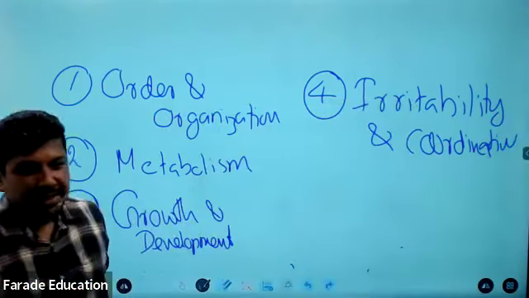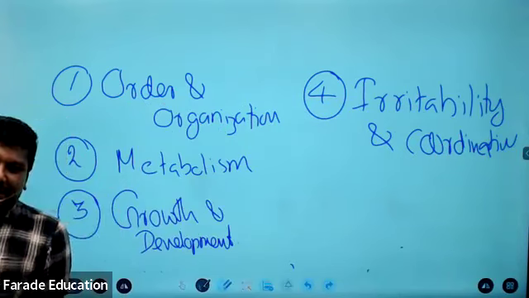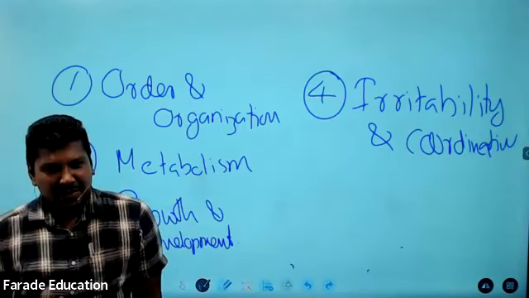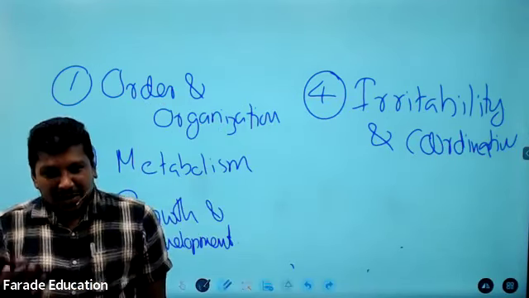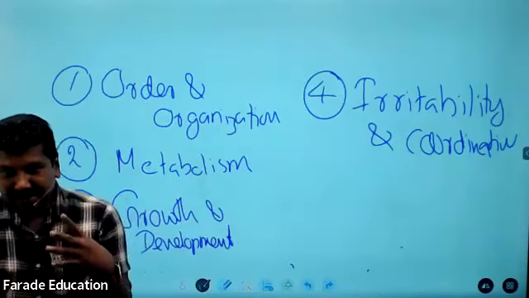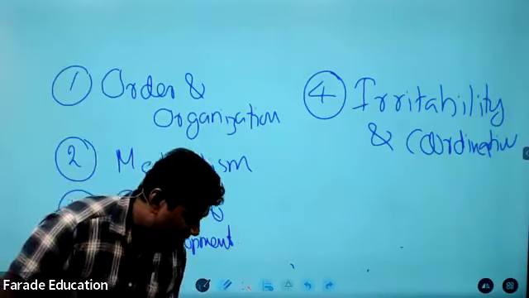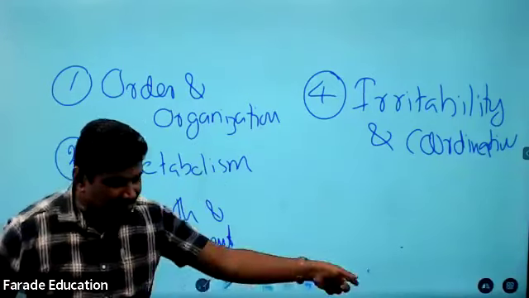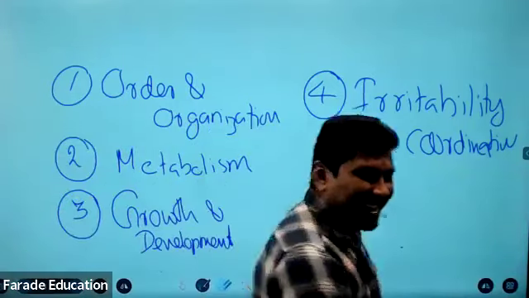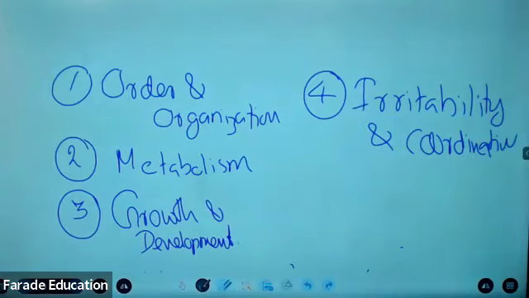What do you mean by irritability? You are irritable. What do you mean by irritable? Some of the students are also irritable. They can't stand in one place, and you want to talk with this one, and flirt with this one, and so on. So, what do you mean by irritable?